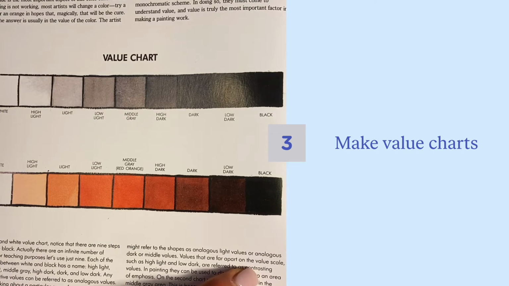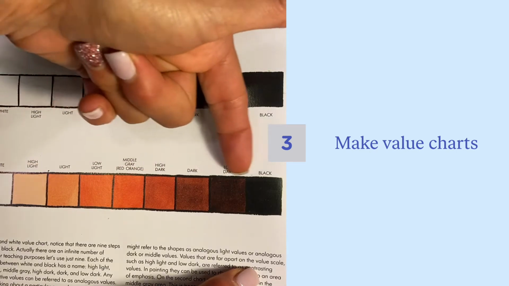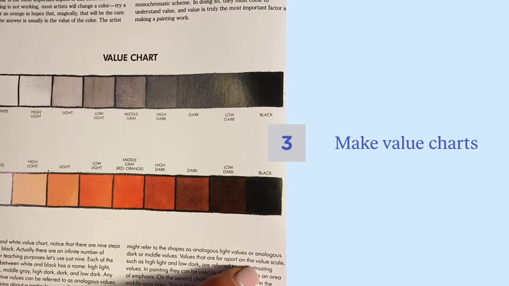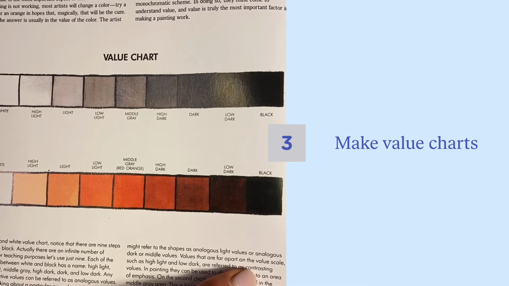So I tell my students all the time, push your values. That means try to get every single one of these values in a painting so that it compositionally looks more attractive, more appealing. That's the first thing, is your value chart. Play around and get used to mixing colors and see how many values you can add.